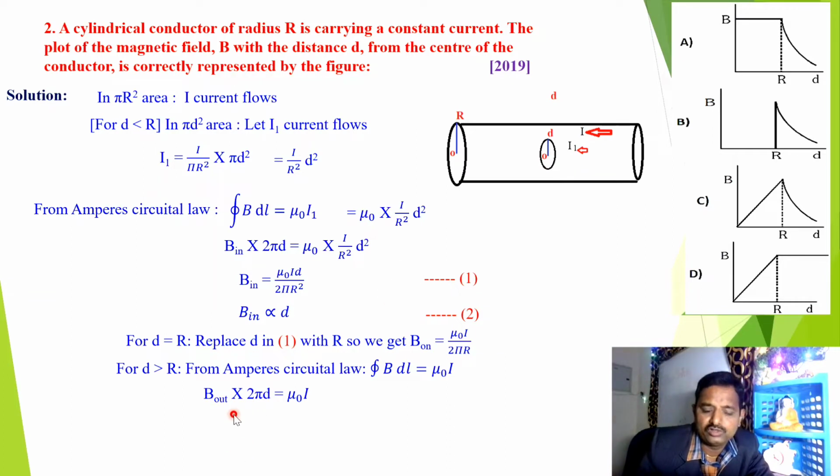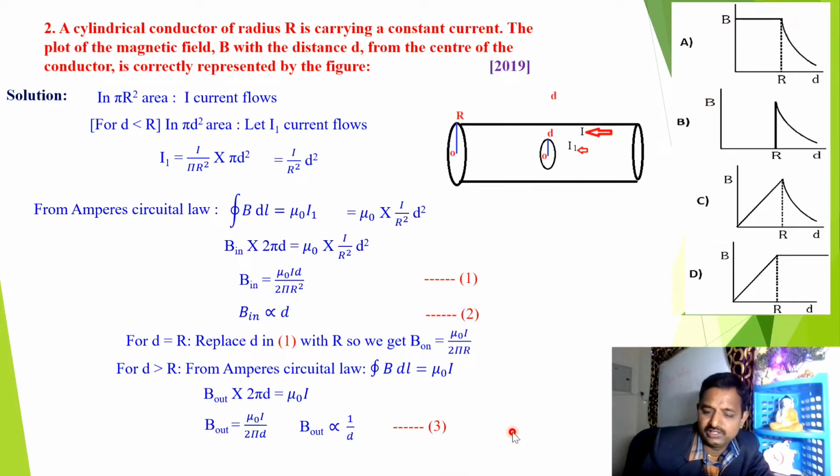So we get B out into 2 pi d is equal to mu naught I. From that, B out is equal to mu naught I by 2 pi d. So I can write B out is inversely proportional to D, since mu naught, I, and 2 pi are constants.